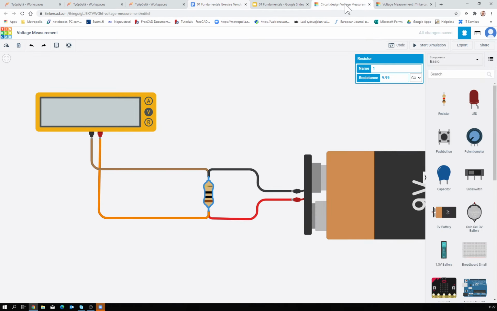Let's go to Tinkercad. So this coin cell 3 volts battery in Tinkercad is the same.